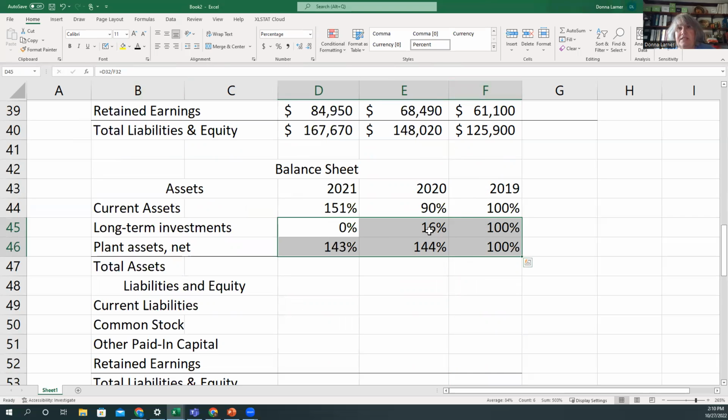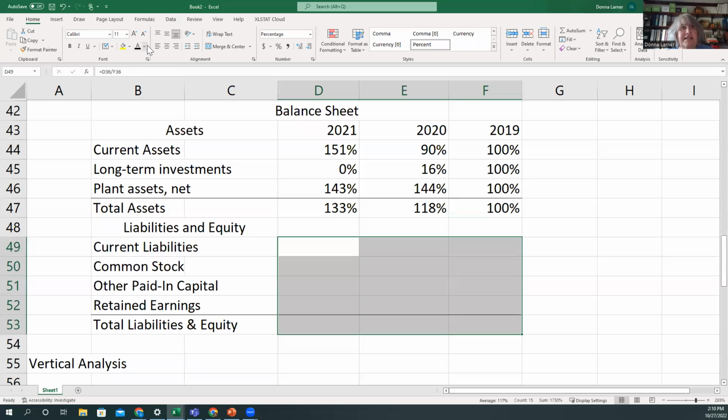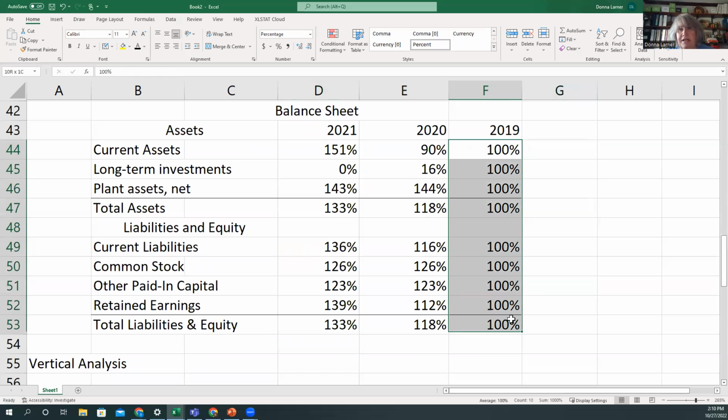So again, each of these is computed by taking the amount for this year divided by the amount for the base year. And that would work whether it was a balance sheet or an income statement. You would still do the exact same things. You would set the base year, every item at 100%.